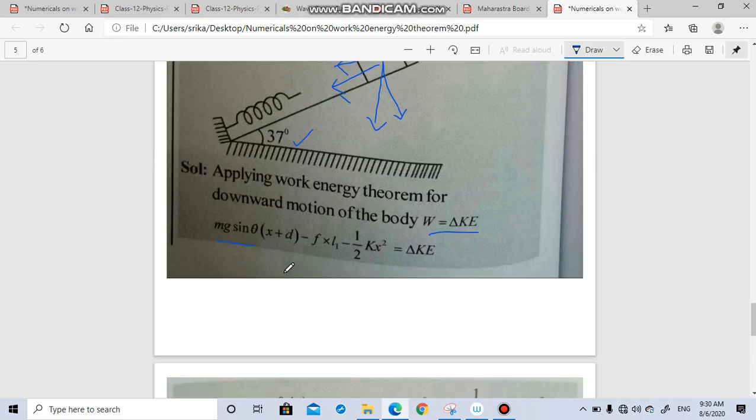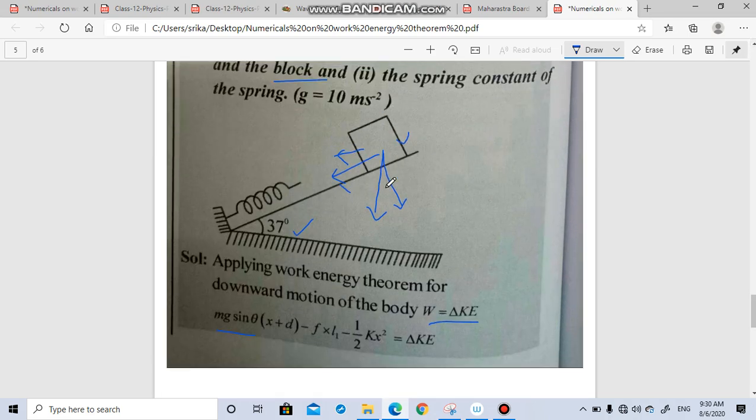Okay, minus. So when this block is going down, the frictional force will be acting in this direction. So you have to subtract this, minus F into L1. There will be some work done by the friction. What are we trying to do?